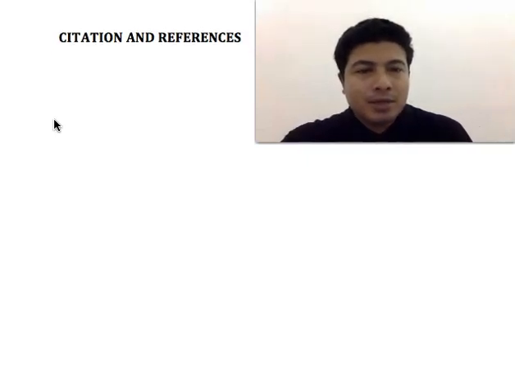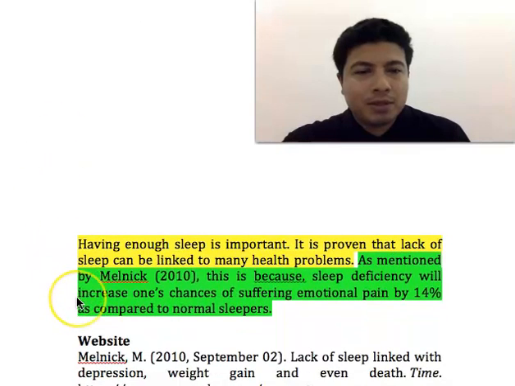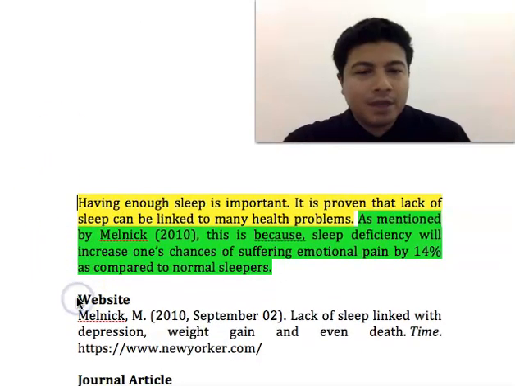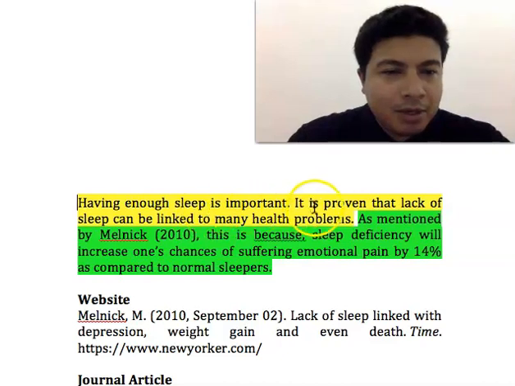So let's say this is one of the points that I have in my essay. This is my point and this is my citation. When I have a citation like this, for example, as mentioned by Melnick 2010, to support what I say here, this is my point, this is how I support my point. And I got the support from the internet.